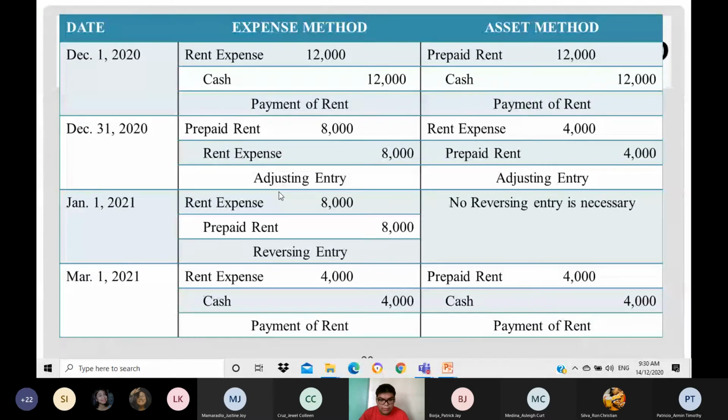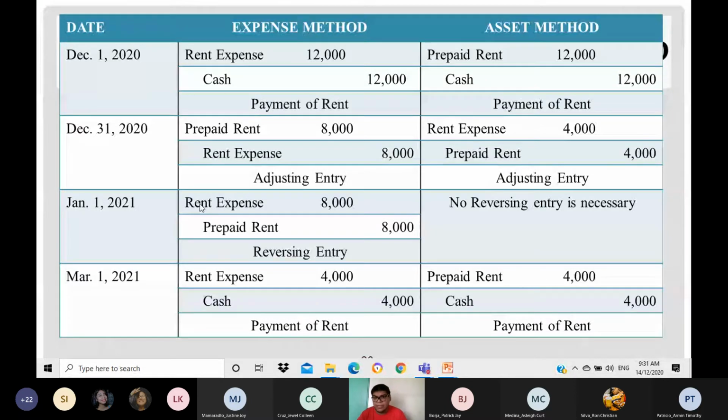Okay. Then, number 4, there will be no consistency in the recording of expenses. Ang magugulat na lang sila dito eh. Saan galing tong rent expense? Compare dito, meron kang uniformity. Rent expense, prepaid rent expense.